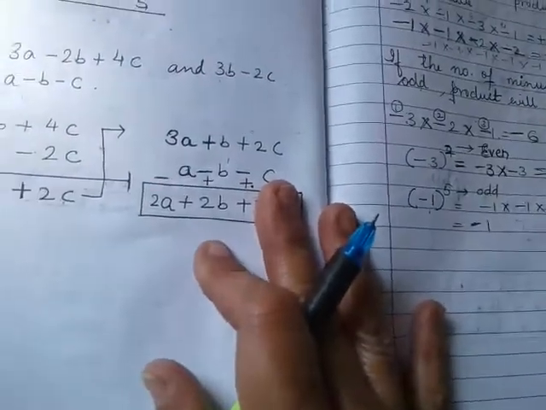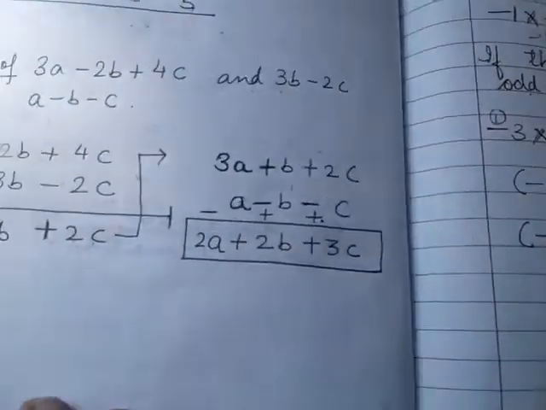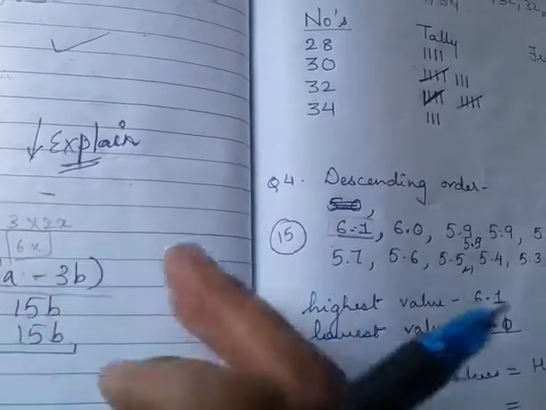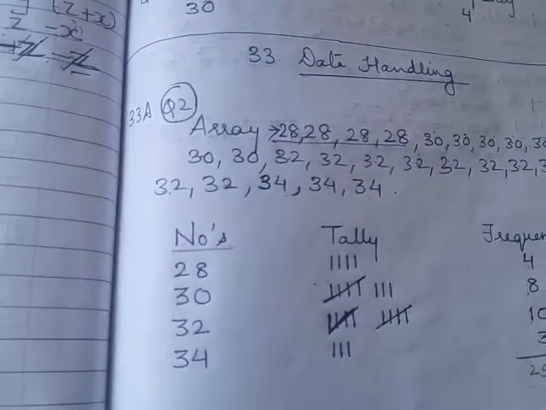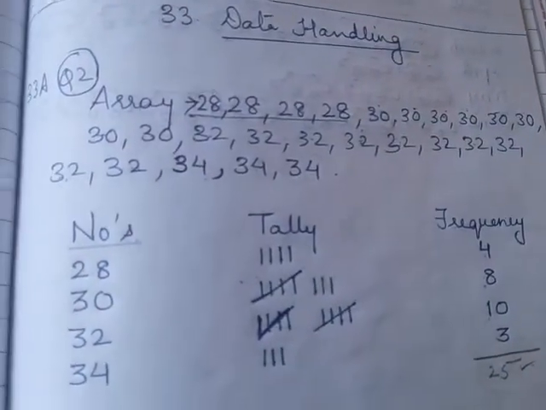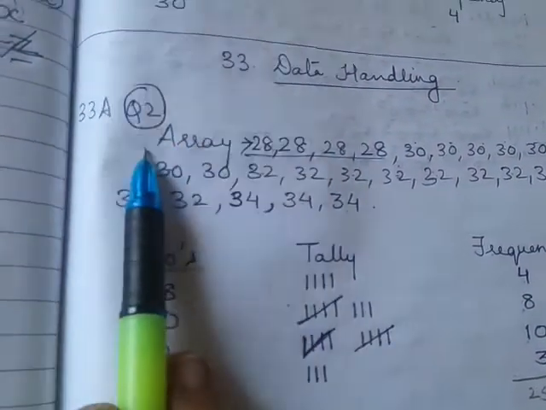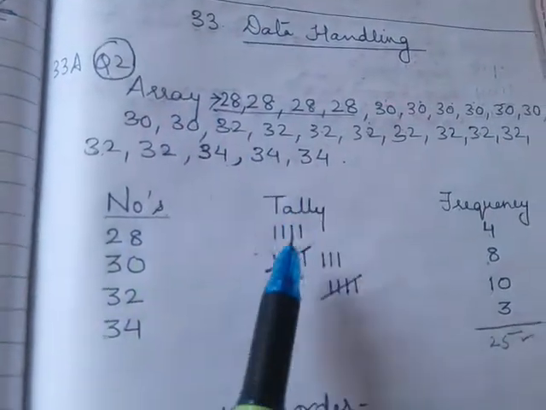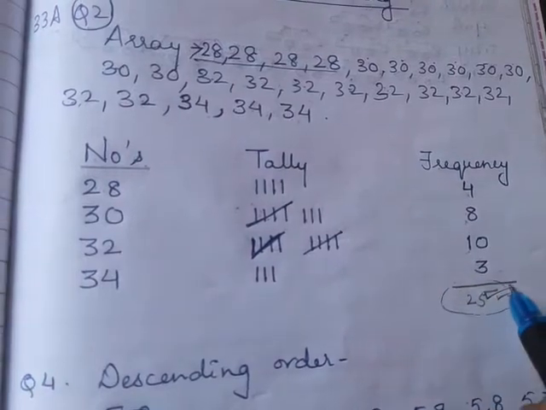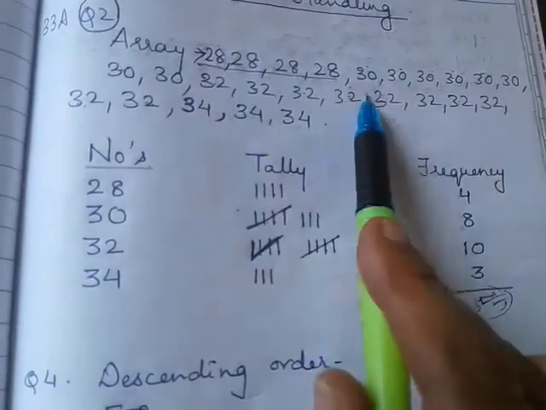Okay. So alright. So I think we have completed the syllabus, and data handling I think you can solve, but if you have any doubt, please ask. For example, whenever you solve anything, first arrange in an array and then do the tally and frequency and write the total. This is important, because this total should match with this total.